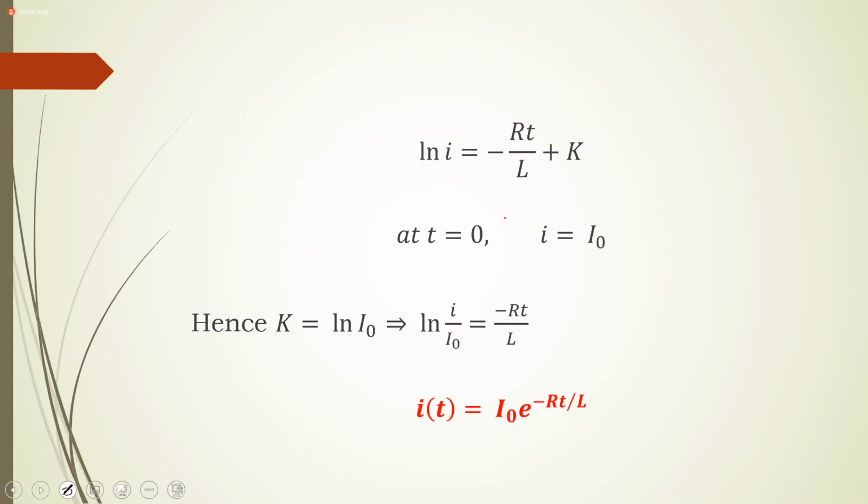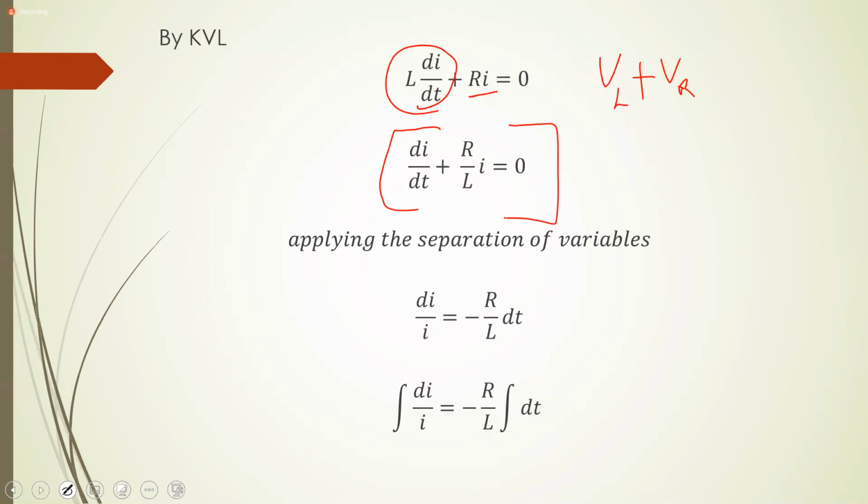All right. We have ln I equal to minus RT over L plus K. And as we did with the capacitive circuit, we said that we'll have to determine the boundary conditions based on our circuit. And we know that at t equals 0, at the point that the switch was moved from position 1 to 2, remember the statement we made.